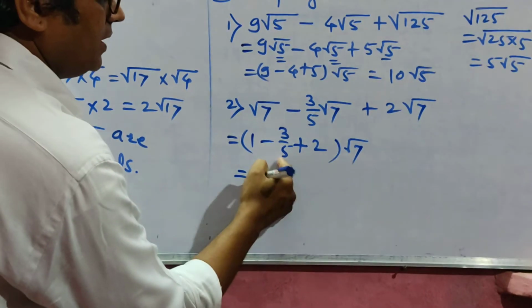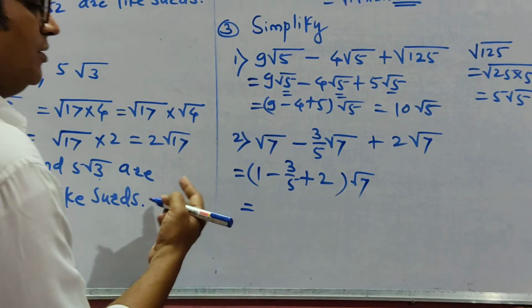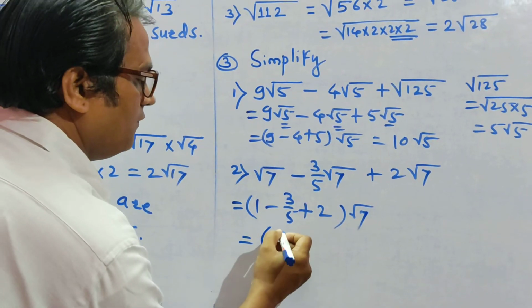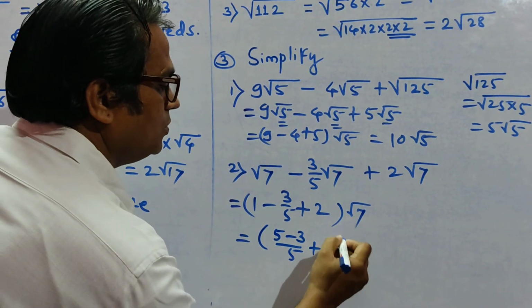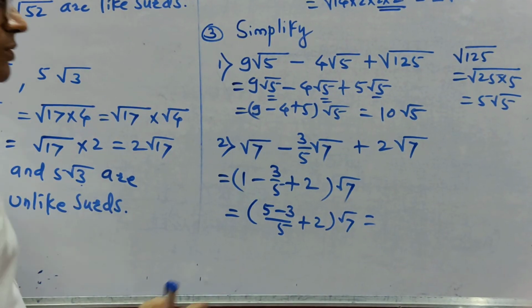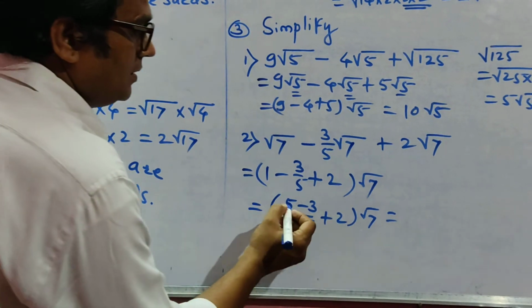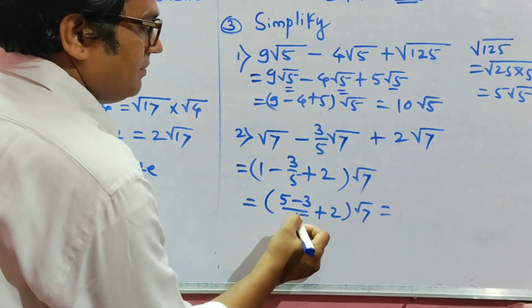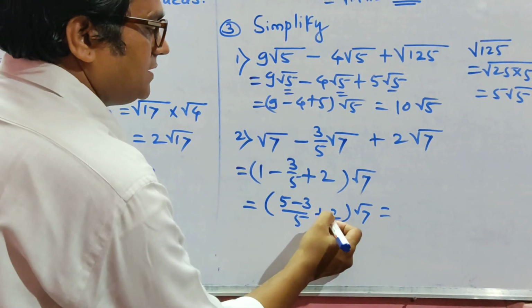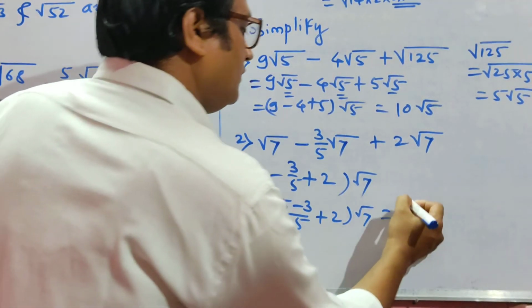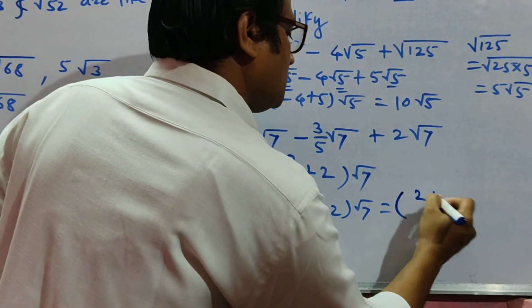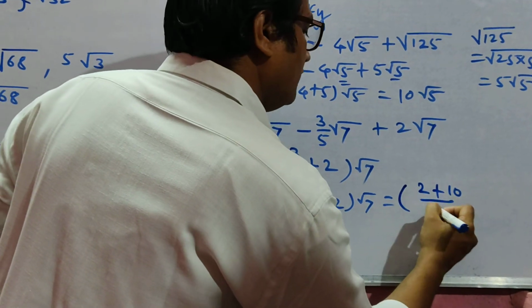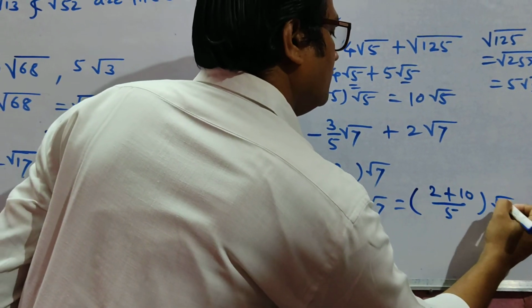Now make the denominators equal or multiply simply. 5 ones are 5 minus 3 divided by 5 plus 2 into root 7. Now multiply 5 by 2, we will get here 2 plus 10 divided by 5 into root 7.